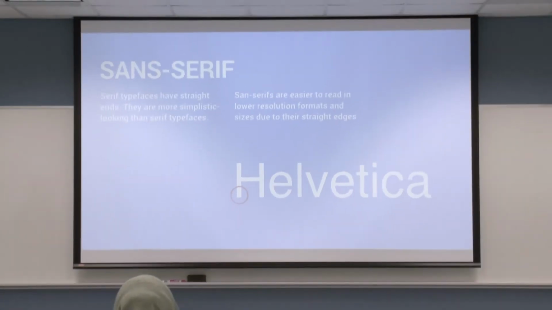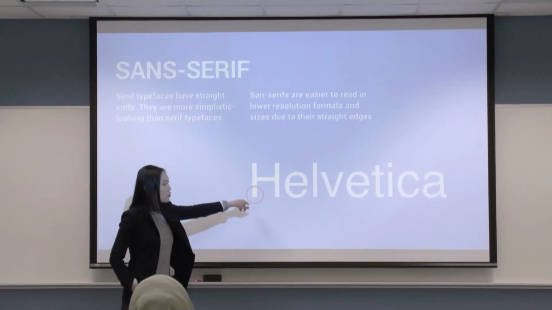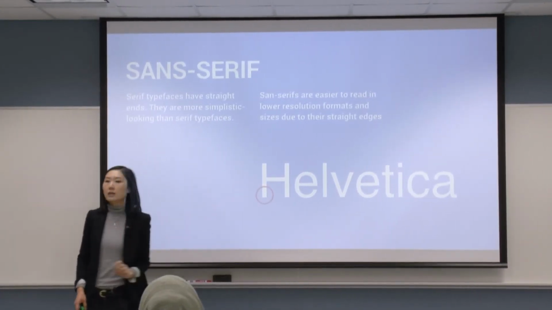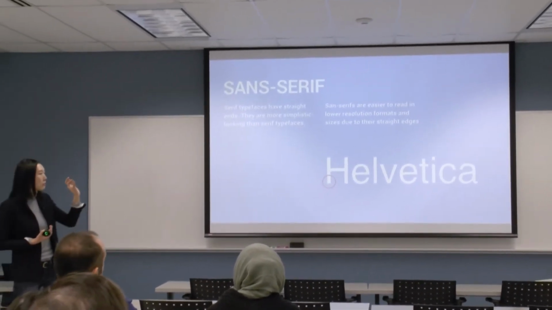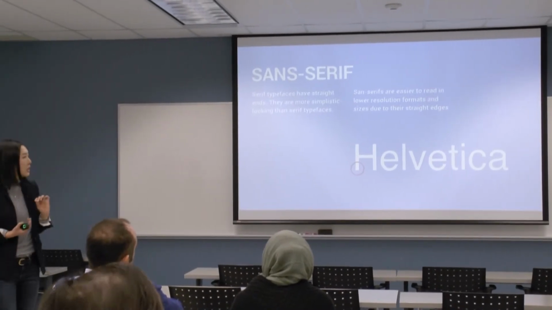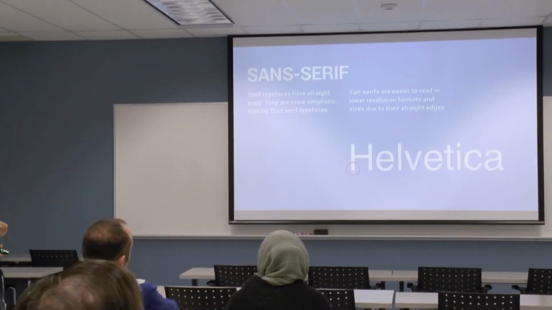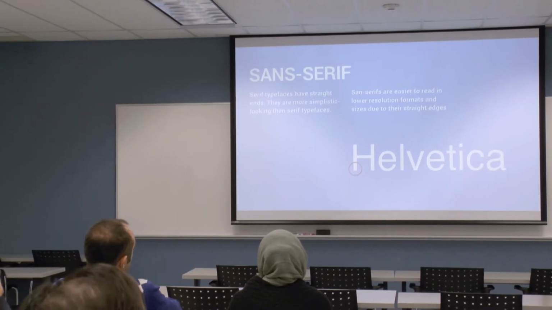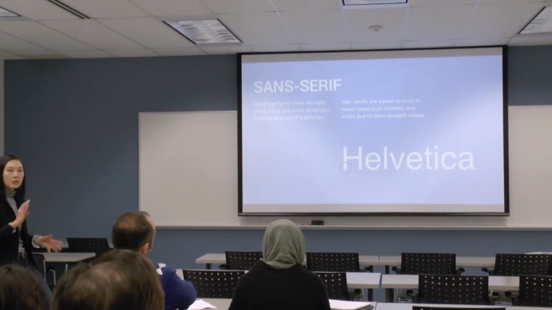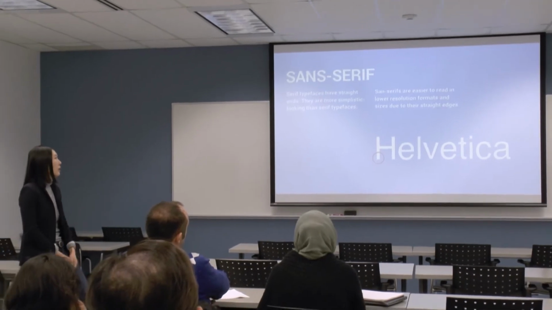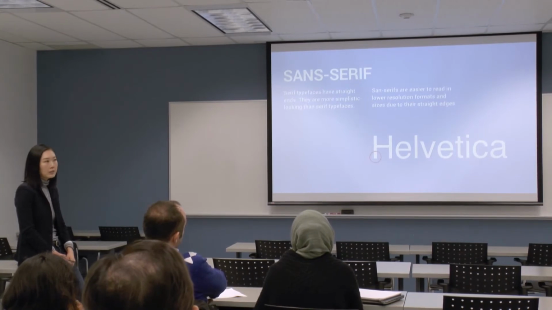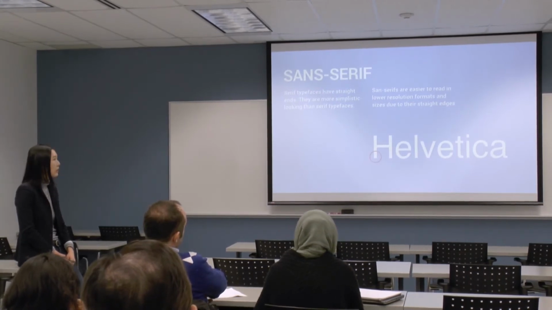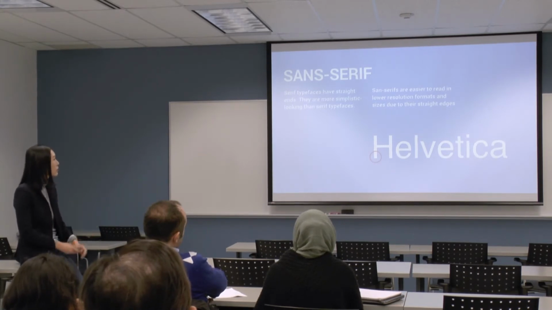If you look closely, I said geometric, but Helvetica is actually a little more on the humanistic side of sans serifs. There is some slight variation between the thickness and thinness of the strokes, to make it a little softer and more humanistic, compared to other sans serif fonts that are very geometrical and feel a little colder.